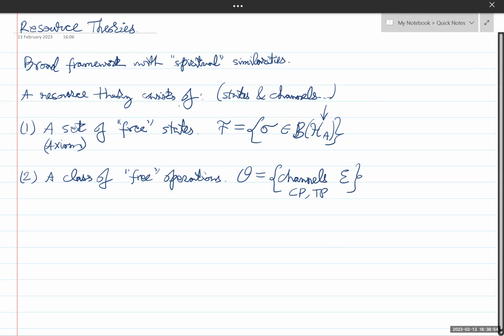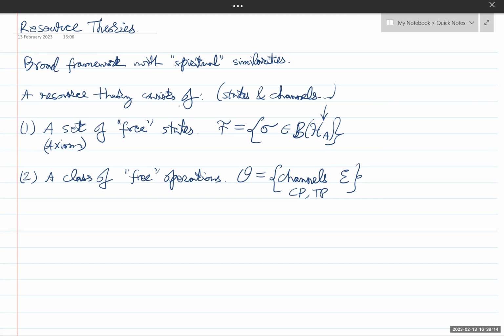Some resource theories might admit free operations that are more general than channels. For example, you could have trace non-increasing maps, which means you have some sort of probabilistic transformations instead of deterministic.